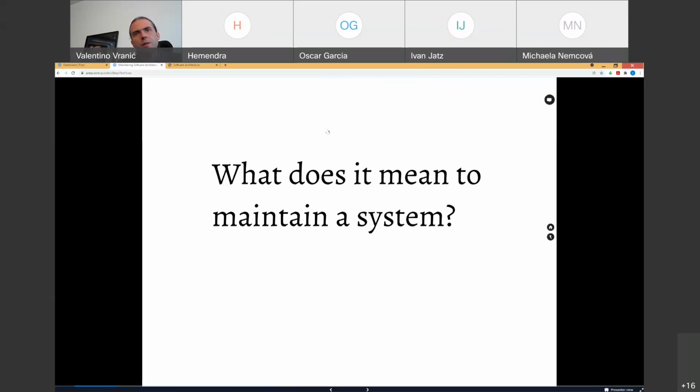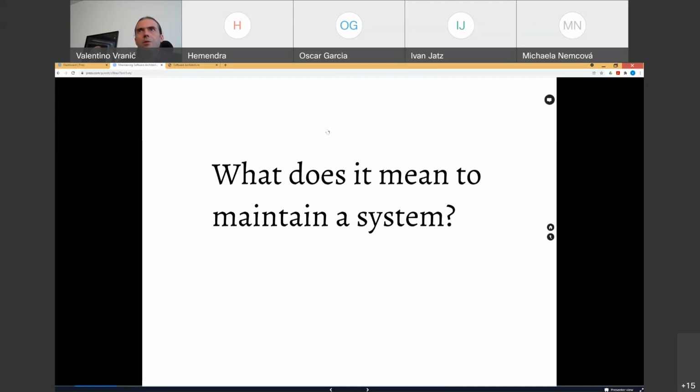It will provide the same results, but maybe the interfaces have changed. So you need to somehow change your system, reorganize your system, or sometimes they call it refactor your system, without changing its behavior in order to accommodate these changes in the surrounding environment.